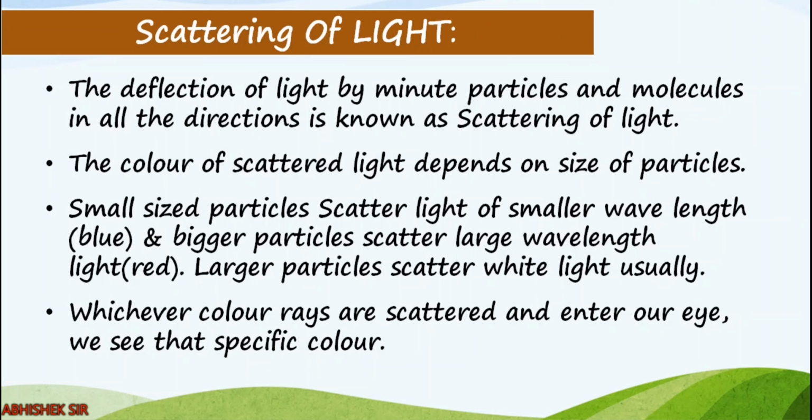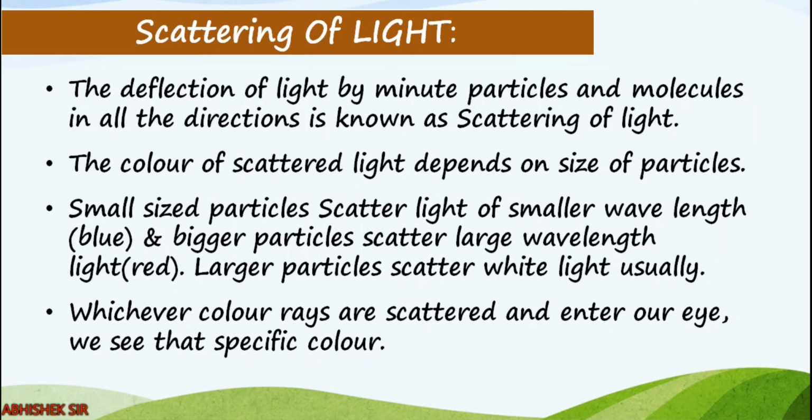Now, scattering of light is defined as the deflection of light by minute particles and molecules in all the directions, right? As you know, the Earth's atmosphere is a heterogeneous mixture of many different particles.